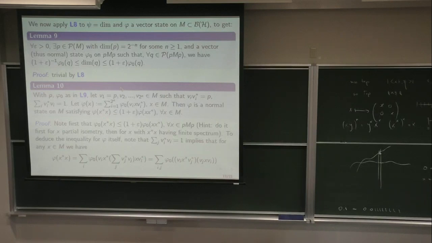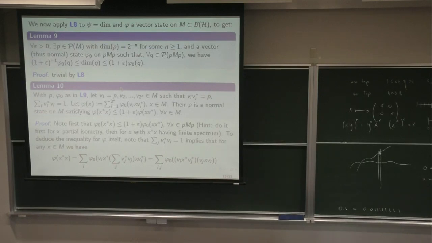With P and phi 0 as in here, I'm taking partial isometries which take this projection P, which has dimension 1 over 2 to the n, and put it 2 to the n times, equivalently, to fill up the identity. That's what it means to have dimension 1 over 2 to the n, if you remember.